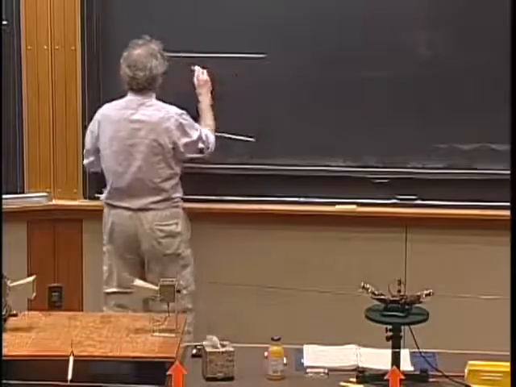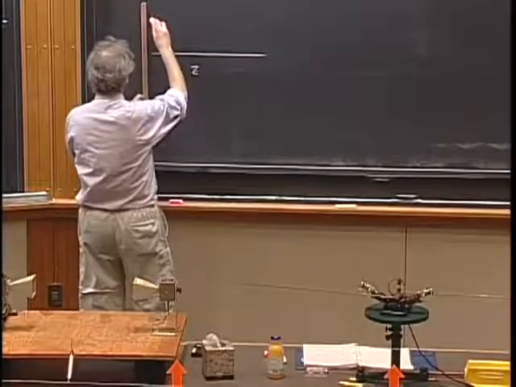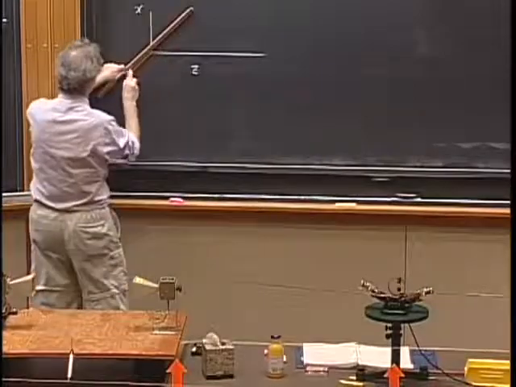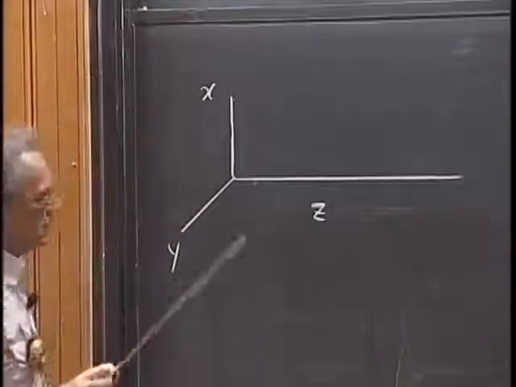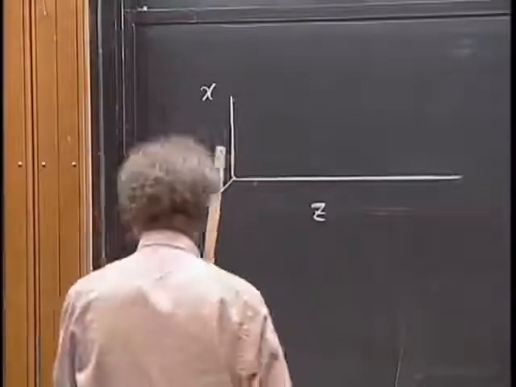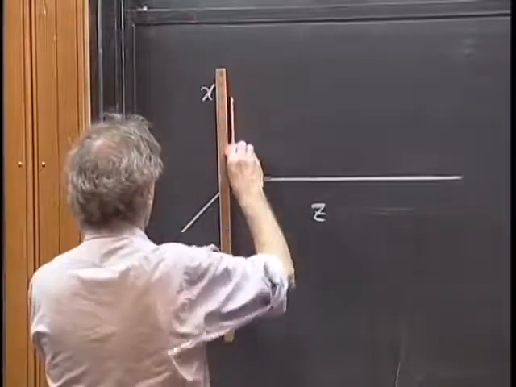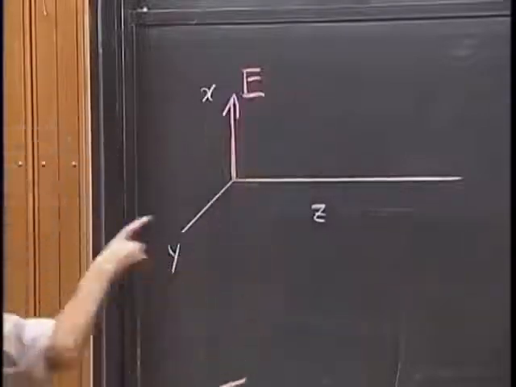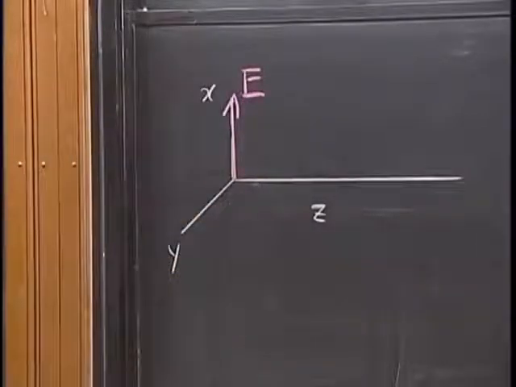This is my z direction. It's going to make it a traveling wave. This is my x direction. And this is my y direction. I'm going to use linearly polarized radiation. So it only has an x component, and I'm going to make it move in the z direction.